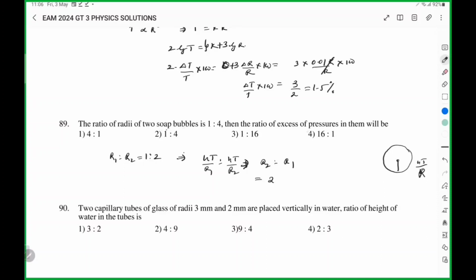The ratio of excess pressure in them is 2 is to 1.